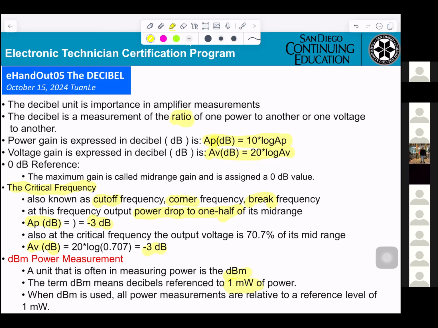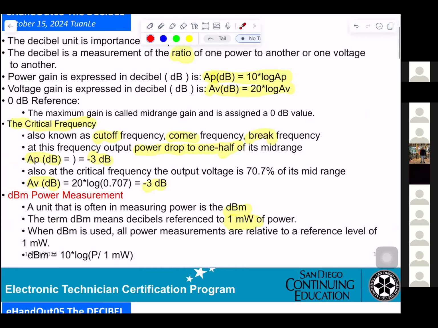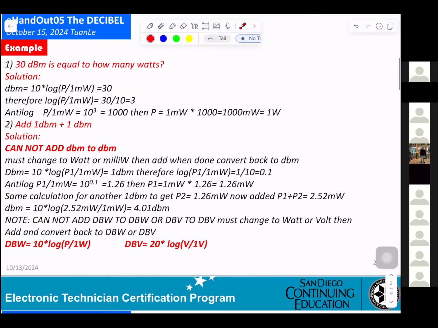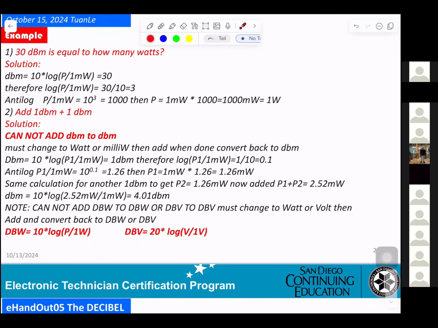When dBm is used, all power measurements are relative to a reference level of 1 milliwatt. Thirty dBm equals how many watts?